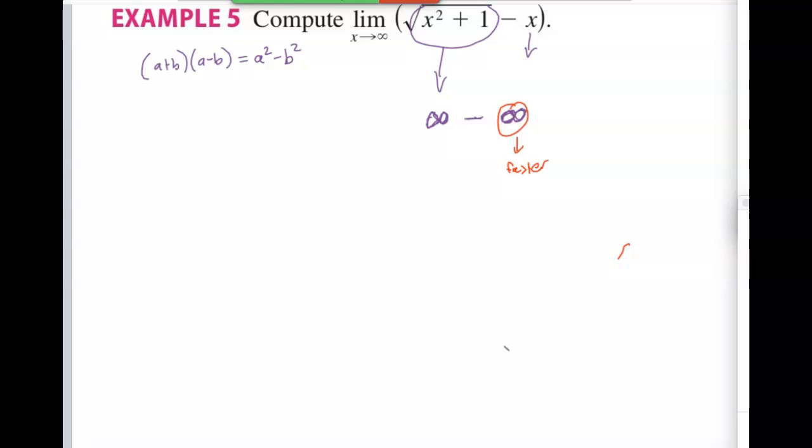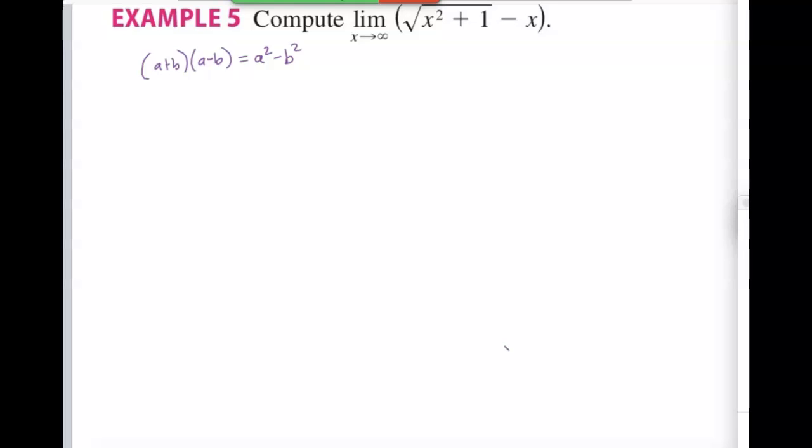And then you have this difference that's getting larger, negative, and the whole thing goes towards negative infinity. Or they could approach infinity at roughly the same speed, and the difference evens out to 0 or some other constant. So we don't know yet. But this is the general approach that you are going to take when you have a situation like this that's infinity minus infinity. You want to use the conjugate pairs method.